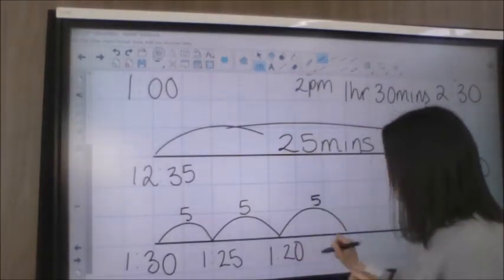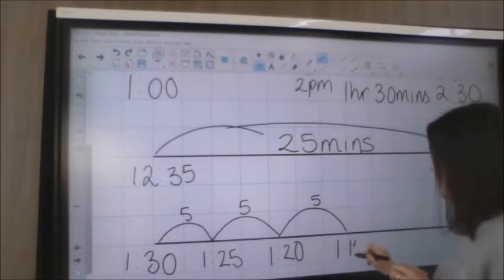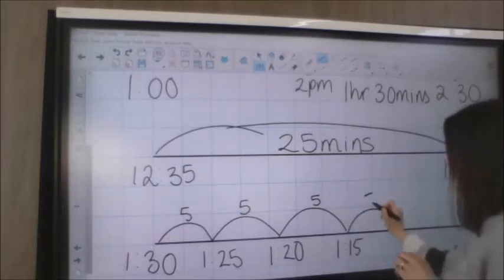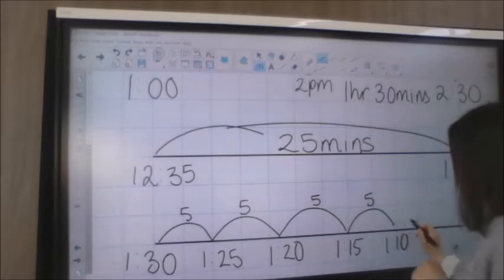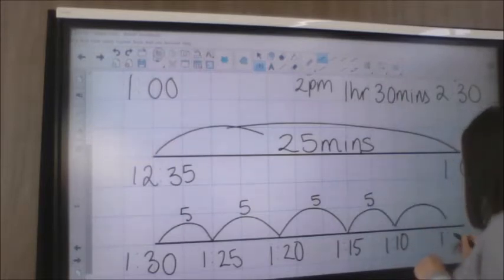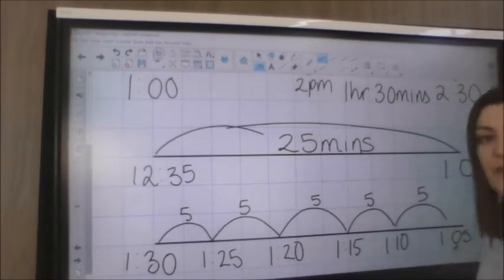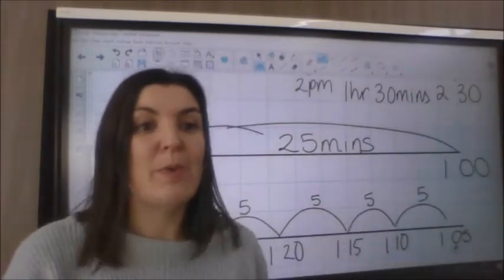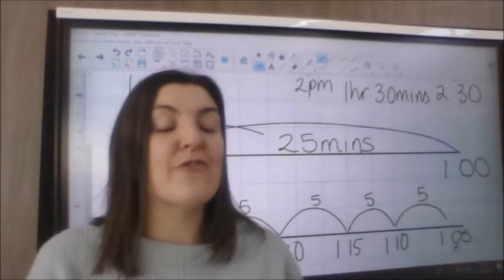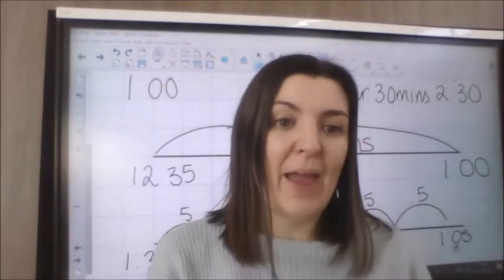Your third lot of 5, that's 1 hour 15. Your fourth lot of 5, that's 1 hour 10. And your last lot of 5 takes you to 1 hour and 5 minutes. So the lunch is 1 hour 5 minutes longer than the penguin feeding.